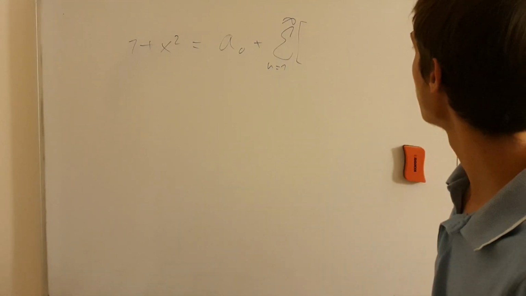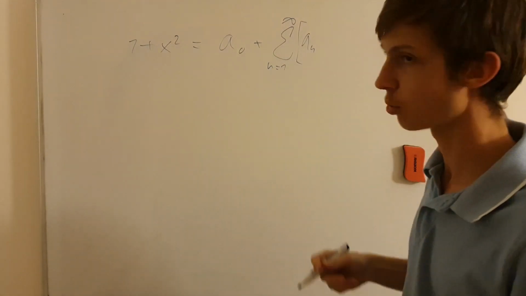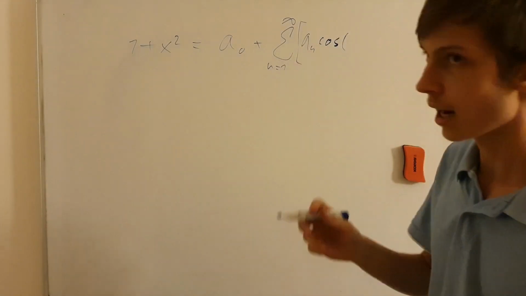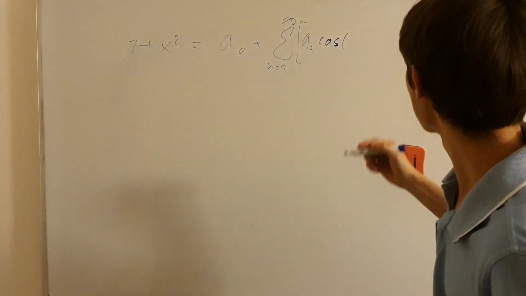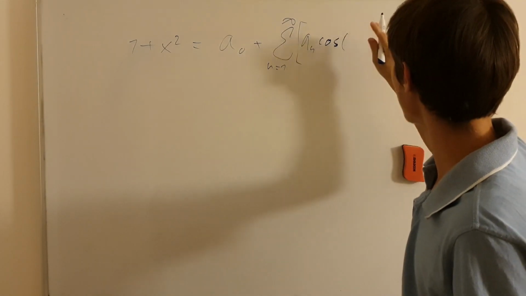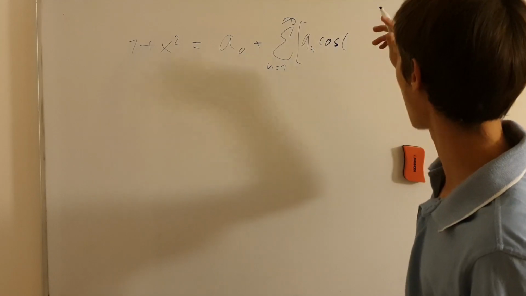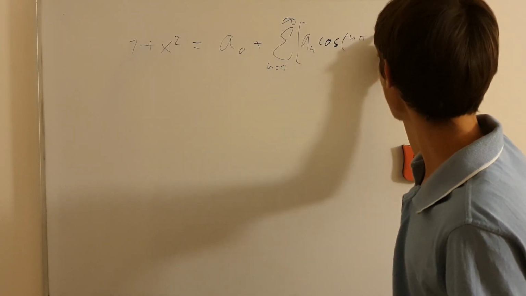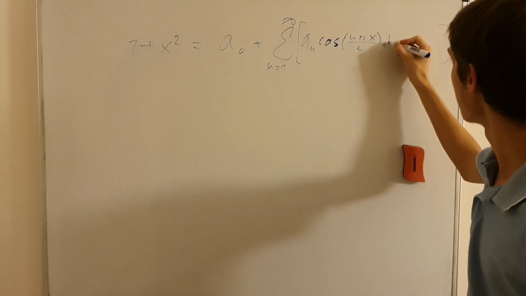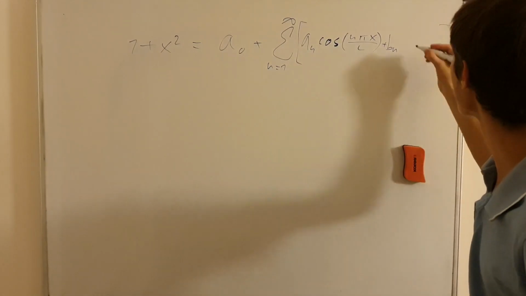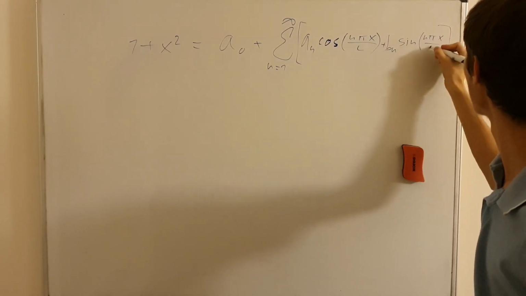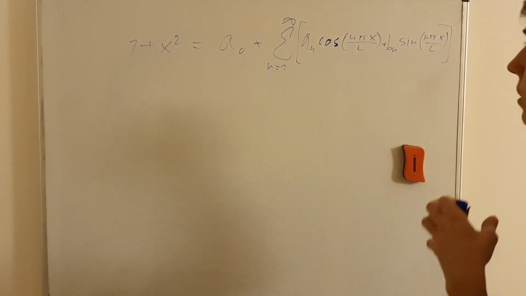And what that will be is an, the so-called first coefficient, times cosine of, and I'm doing this on the interval minus L to L, so the formula states that the argument of this cosine is n pi x over L, and then to that will be added bn, the second coefficient, times sine with the same argument again, n pi x over L. So this is the exact structure I'll be following.